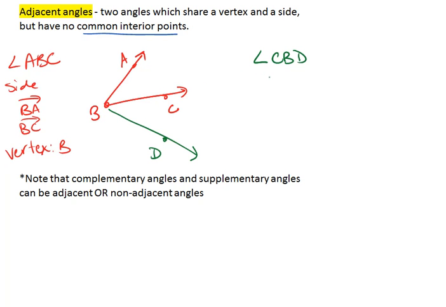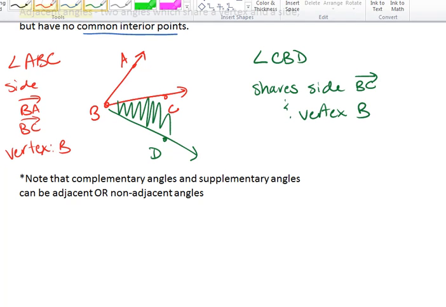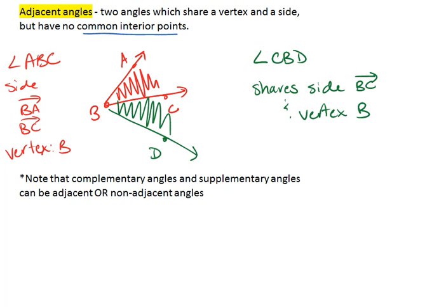Okay, so CBD shares the side BC and vertex B. But if we shade in the angles, we notice that there are no common interior points, which works. So we find that angle ABC and angle CBD are adjacent angles.